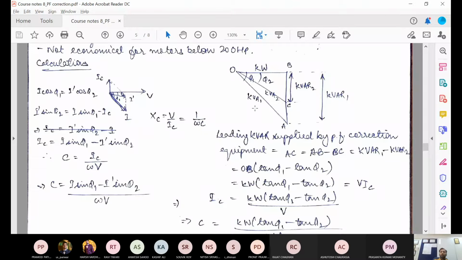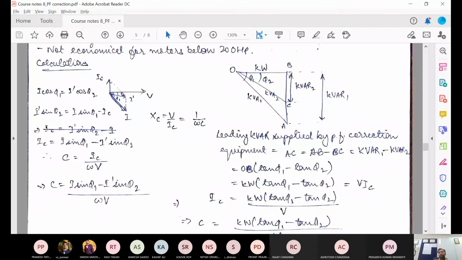So let's look at the expression for this in terms of kVA1, kVA2, kW, kVAR1 and kVAR2. If I want to improve from phi 1 to phi 2, what will be the value of capacitor which would be needed? As it says here, leading kVAR is supplied by power factor correction. So this extra leading kVAR, the difference between kVAR1 and kVAR2, is supplied by the power factor correction equipment.